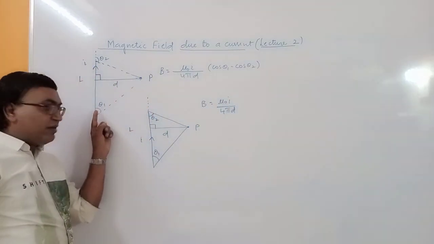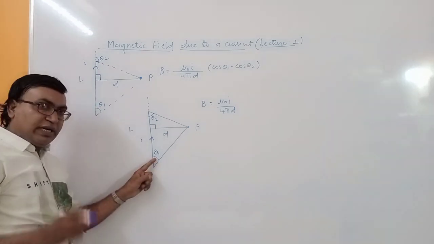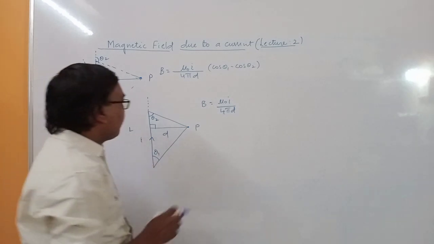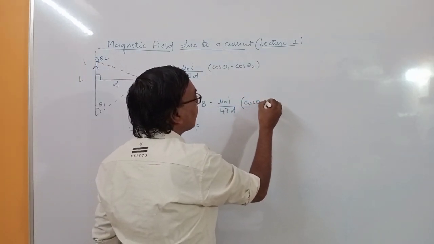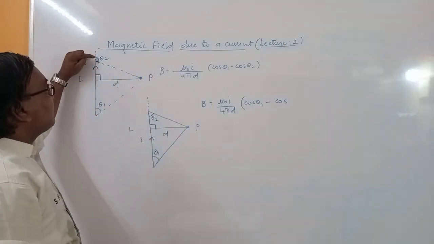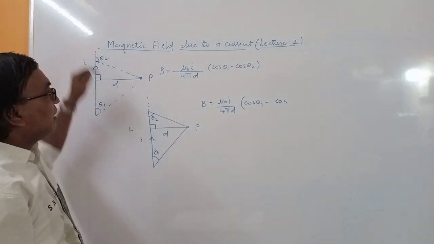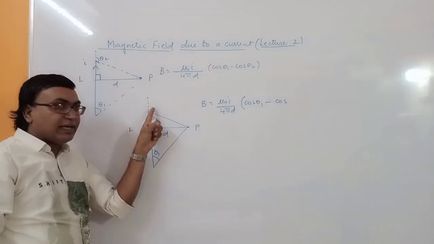Here is also theta 1 at this position, and here also theta 1 has the same position. So cos theta 1 as it is minus cos. Now in the derivation we have considered this angle to be theta 2. Now if I consider this angle to be theta 2, in this equation we have to use this angle.